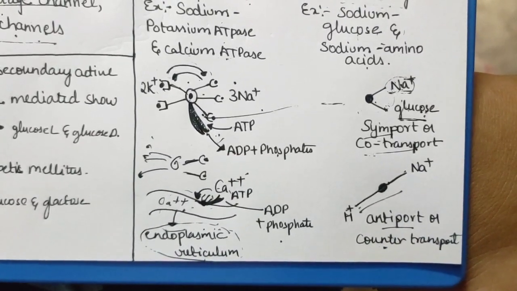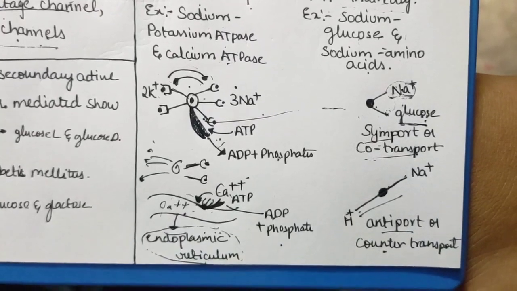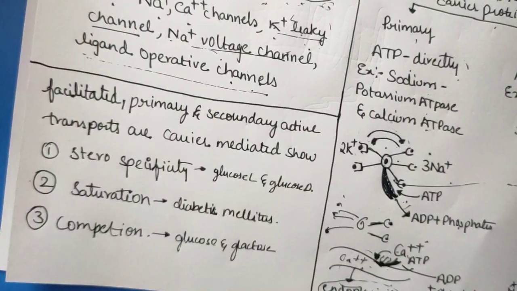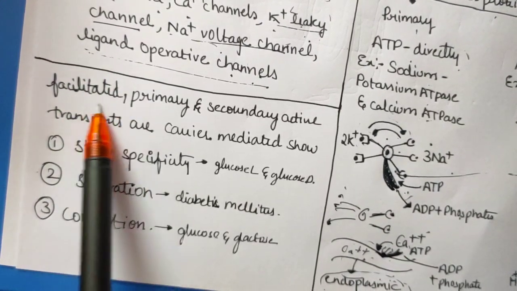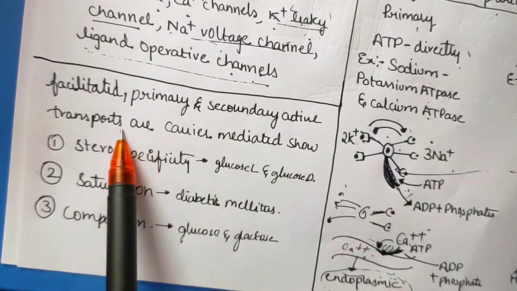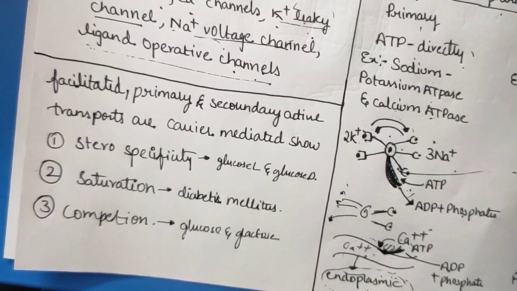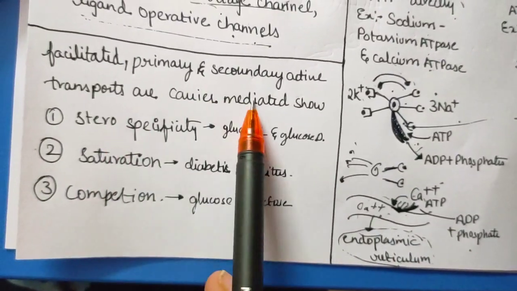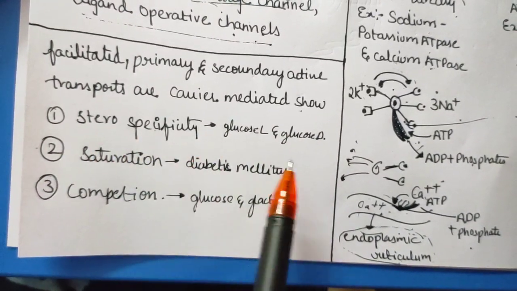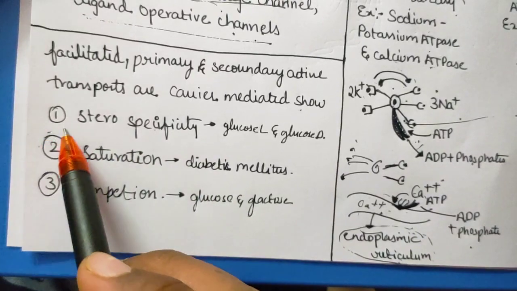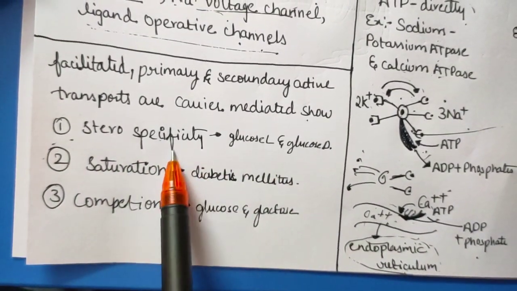Now let us see about the fourth transport system. Before the fourth transport system, let us see this. Here the facilitated, primary and secondary active transports are carrier mediated transport systems, and they show certain special features like stereospecificity.